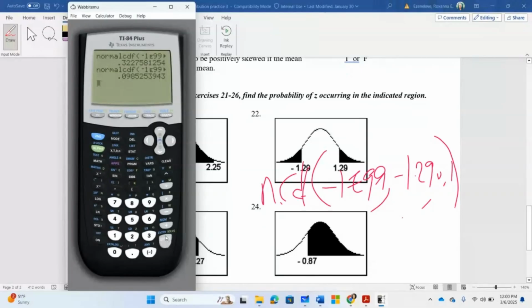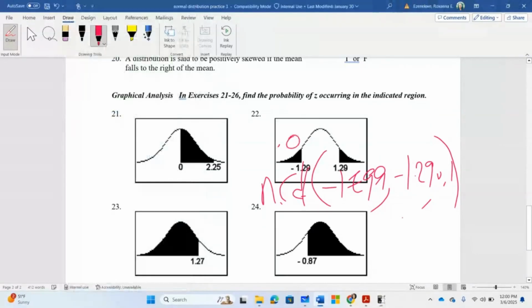I can make it 0.099. And if it is 0.099 on the left, it's also 0.099 on the right, because the normal curve is symmetrical. The absolute value of the z-score on the left and the right are equal.